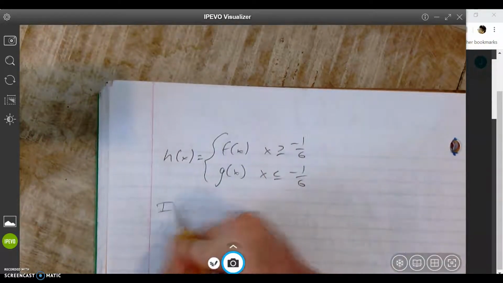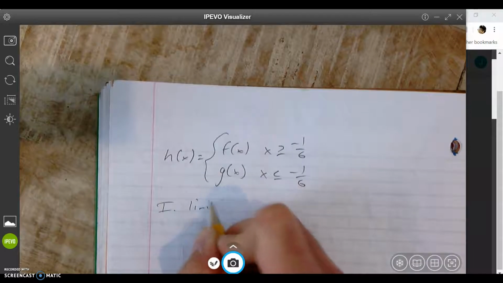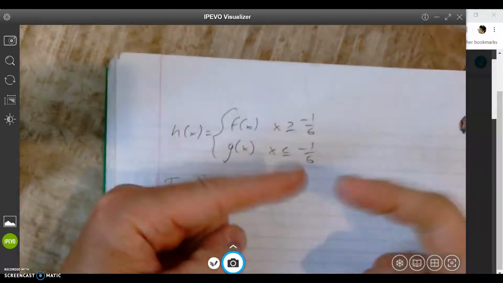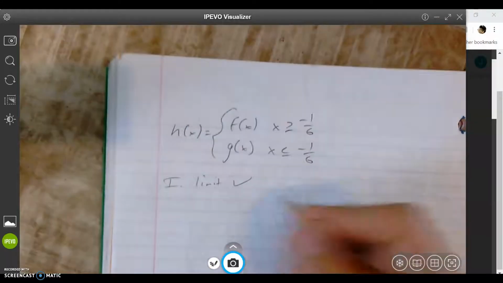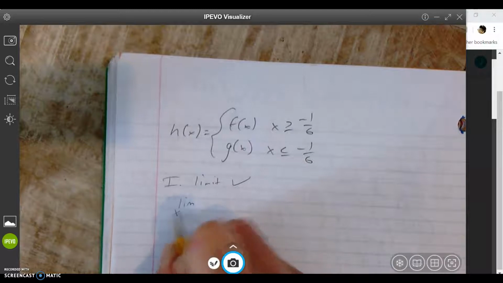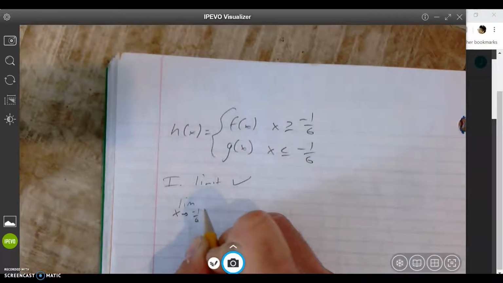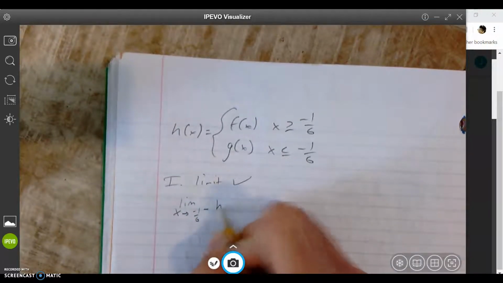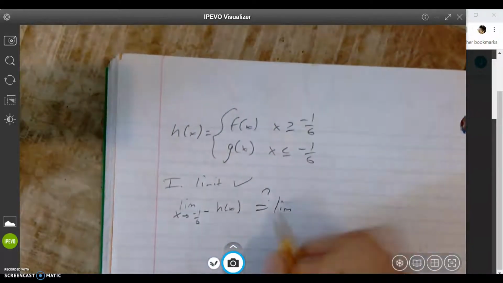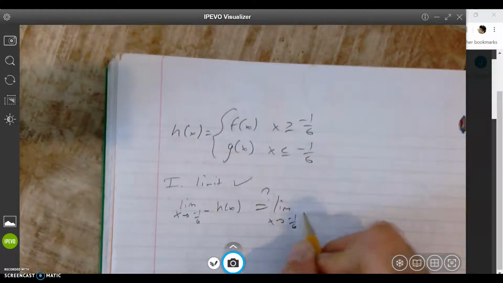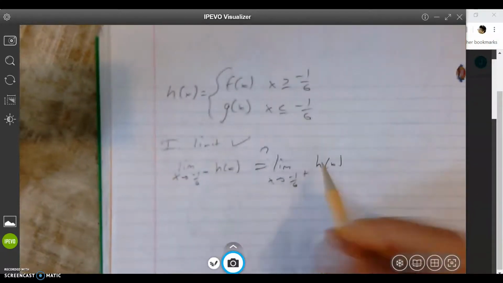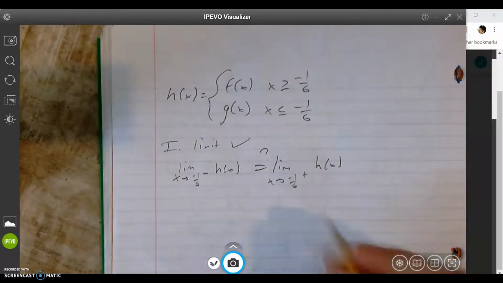The first thing you do is figure out where the limit is the same from both sides, where they're approaching the same y value. So the limit as x approaches negative 1/6 from the left of h of x, does that equal the limit as x approaches negative 1/6 from the right of h of x? You have to use the same notation.